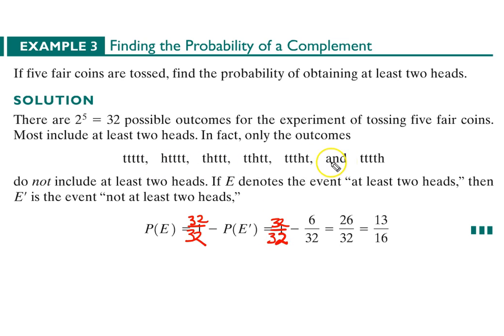These would not have at least 2 heads, so that would be 6 out of 32. Subtracting that from the 1, the whole, gives you 26 out of 32, reduced to 13 out of 16. Now, I wouldn't ask for something like this on a test where you wouldn't have the information that you would need to figure it out.